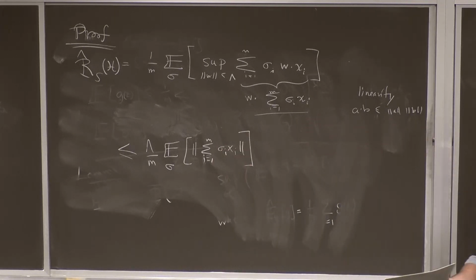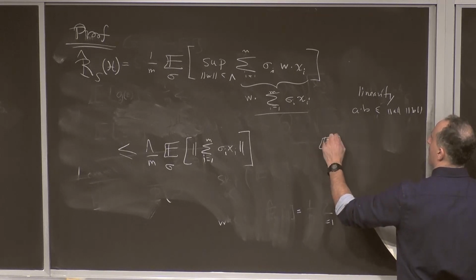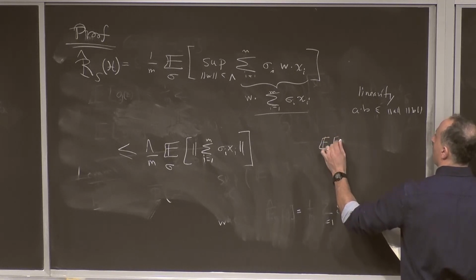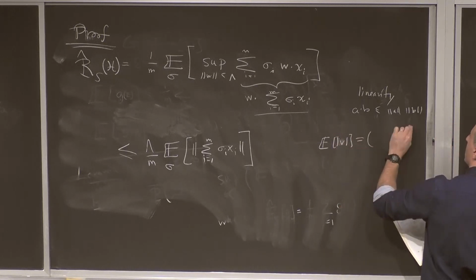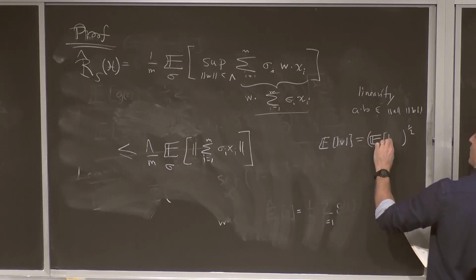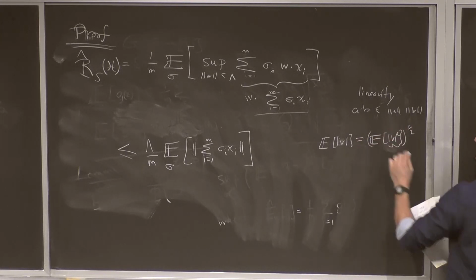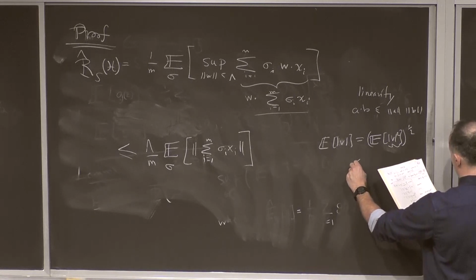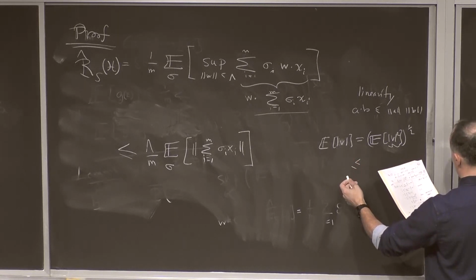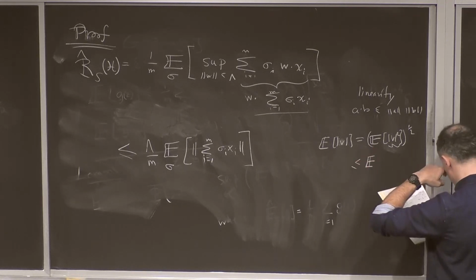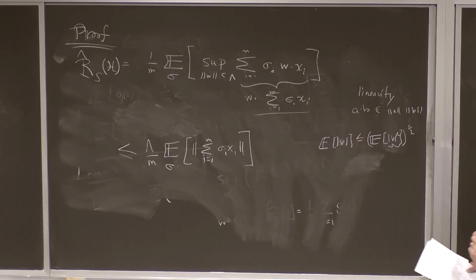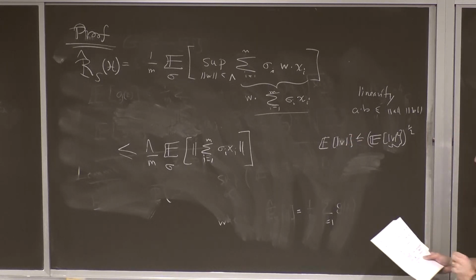And now for this vector, I'm just going to use Jensen's inequality. The norm of the expectation of some vector is less than or equal to the square root of the expectation of the norm squared. Yeah, that's Jensen. So what's that?